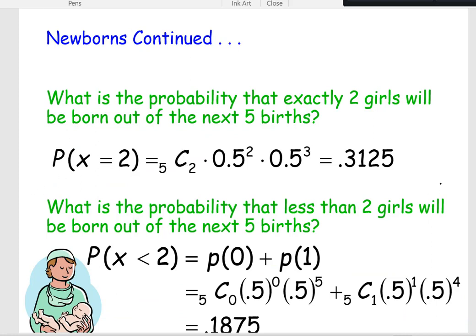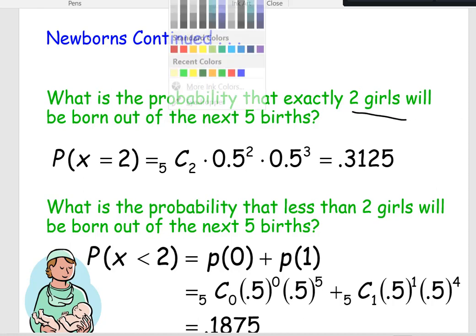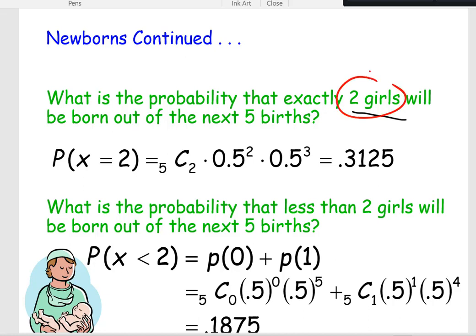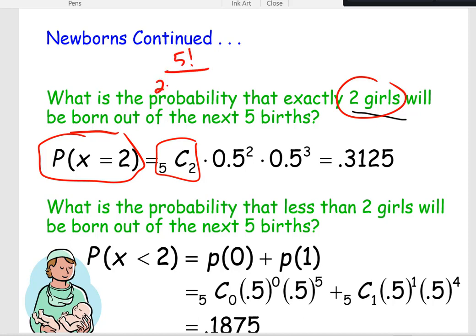Okay, so here, what is the probability of exactly 2 girls? Now, it's very important here that it's exactly 2 girls. So that means the probability that x equals 2. So we're doing that 5 choose 2, and then 0.5. Now, I'm going to show you where this comes from. The 5 choose 2, remember, is 5 factorial over 2 factorial, 5 minus 2 factorial.